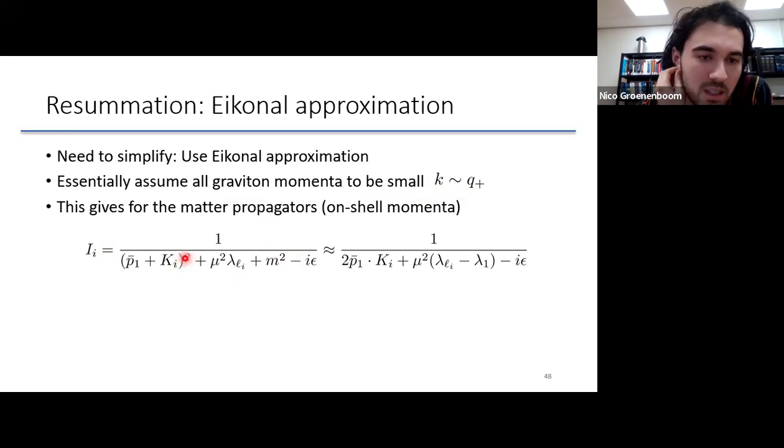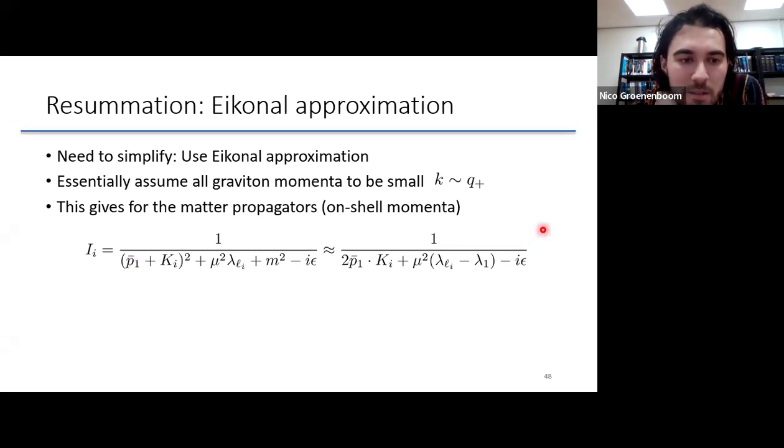So working out the square, we get the 2p1.k contribution. There's a p1 squared, but this is on the mass shell. So it removes the m squared, but the mu squared lambda 1 is at a different lambda. So we have to keep this difference. And finally, working out the square gives a k squared. And this k squared we could neglect by the approximation. So far the approximation only removes the k squared.